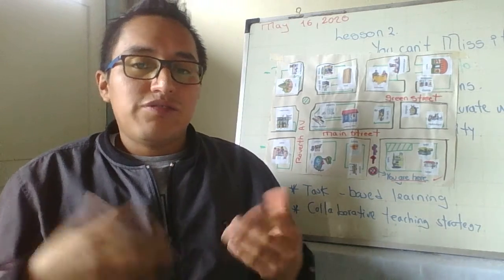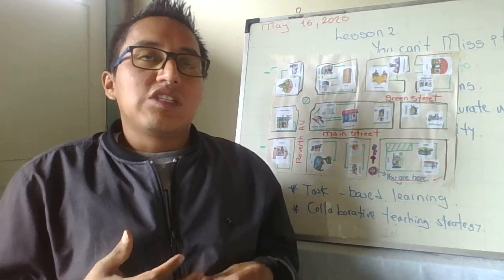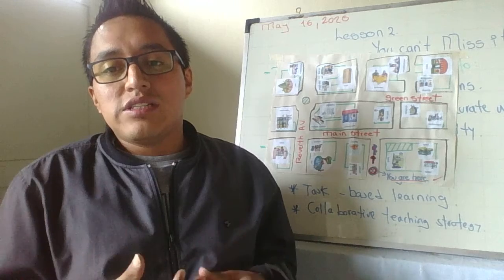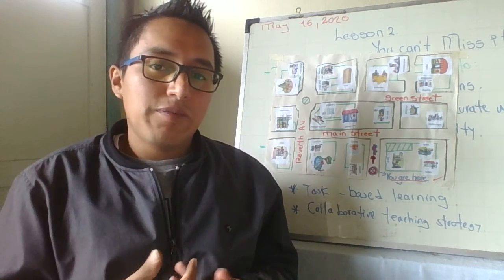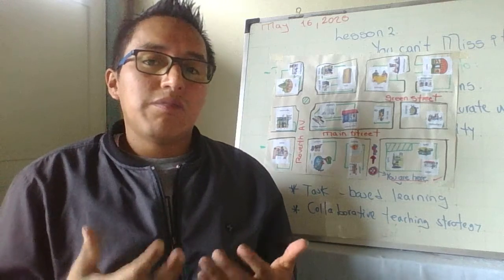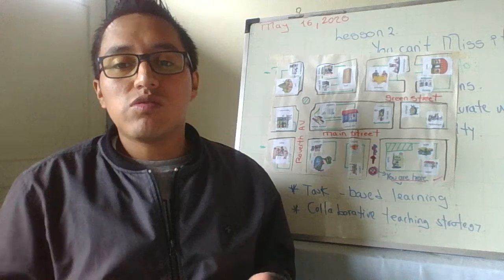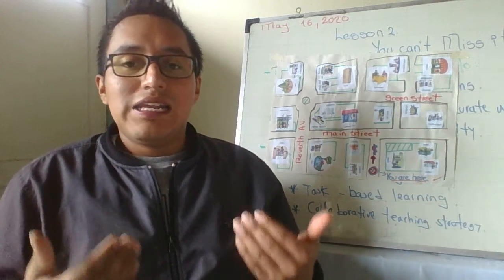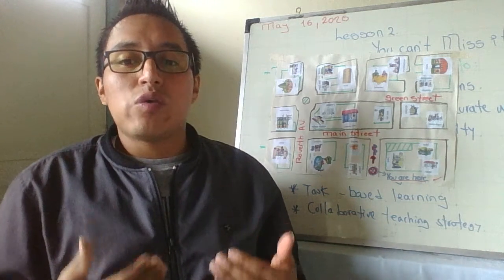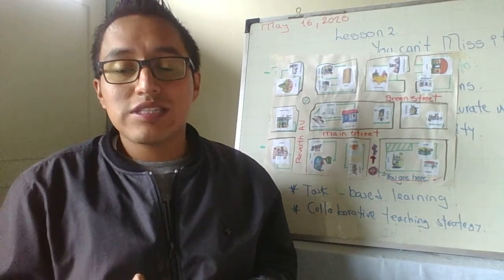And finally, I would like to mention the points I would like to change in this lesson plan. Well, I don't want to change any points because they are very useful for learning a second language in an accurate way, and students can develop language skills.